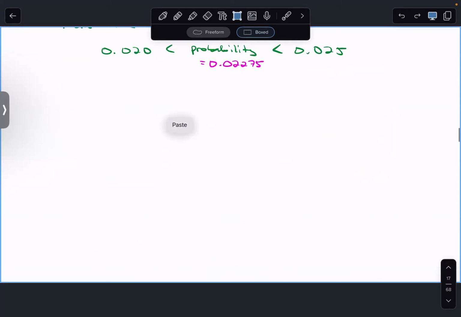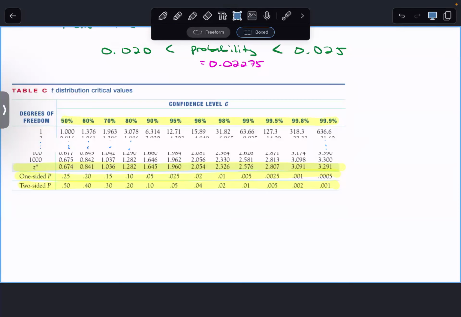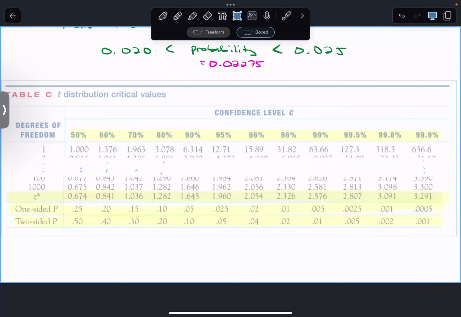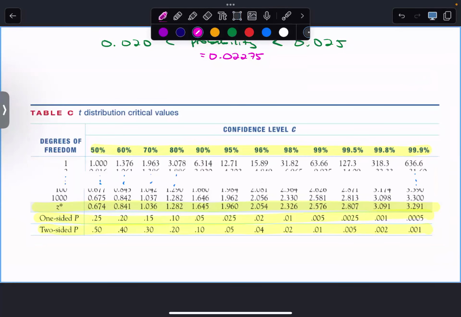Come on. Paste. Hello. I'm waiting for a paste of the table. There.